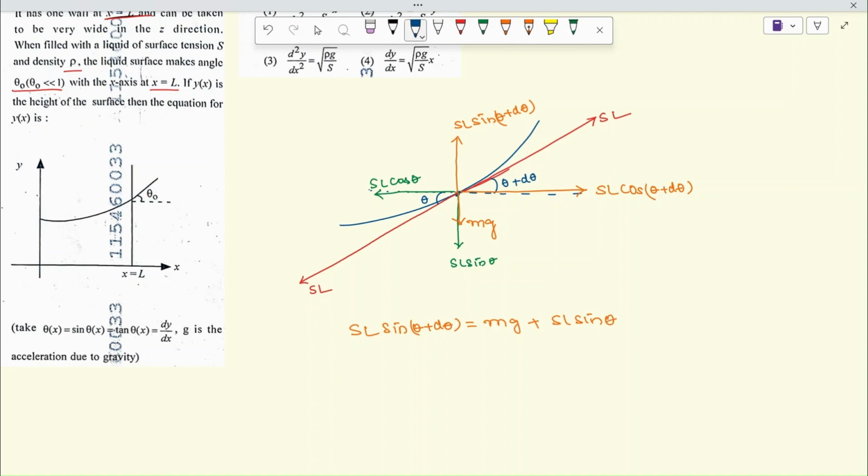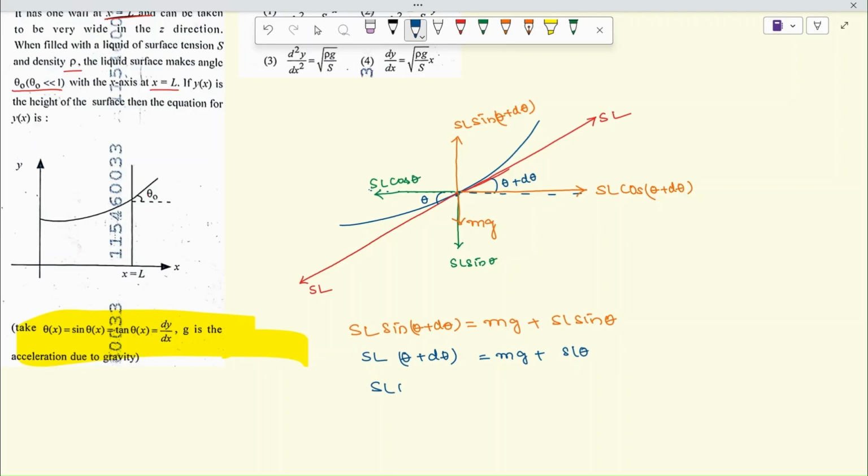Now proceeding further, in the question they mentioned the angle is very small. So take theta, sin theta, tan theta as the same. So we are writing SL into (theta plus d theta) is equal to mg plus SL sin theta. We can take it as SL theta. Now simplify this.